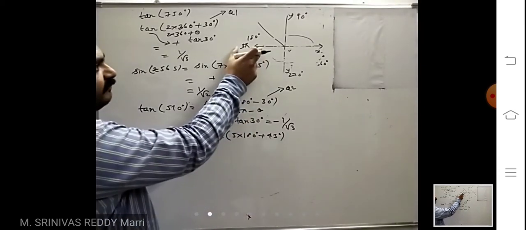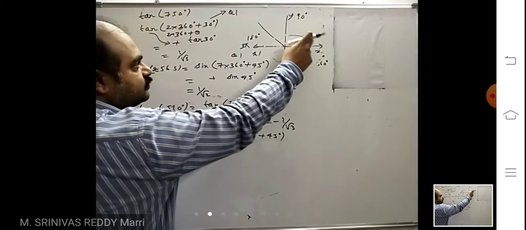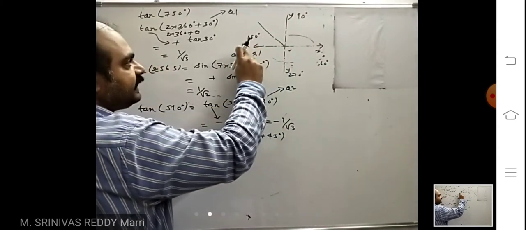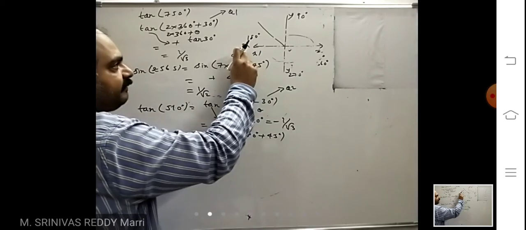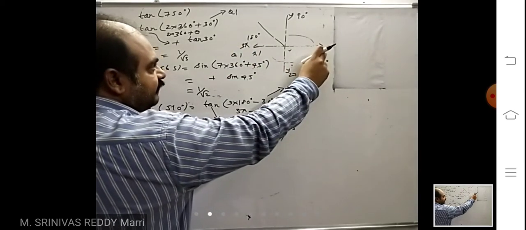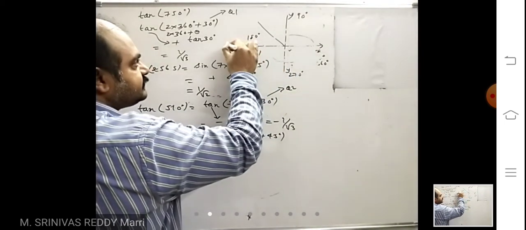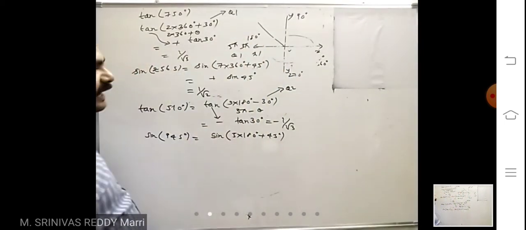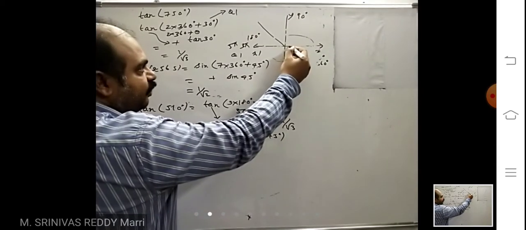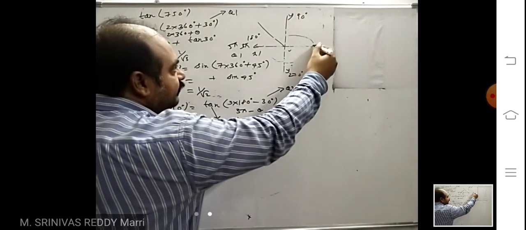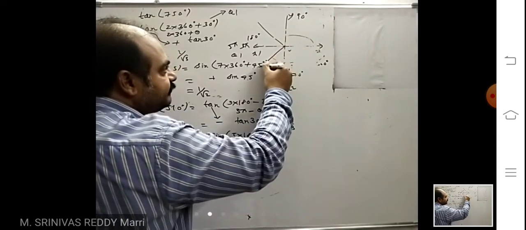Always even multiple of 180 will come at this end, and odd multiple of pi will come at the other end. Look, this is 2 pi and then 4 pi and then 5 pi. So 5 pi will come where? This end is 5 pi, and more than that means it will come here.